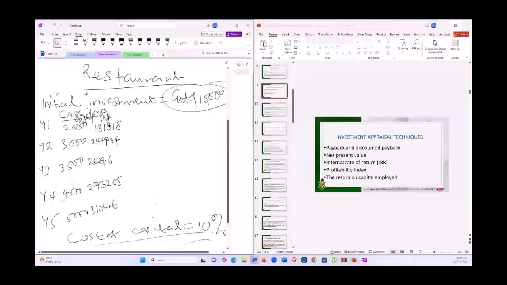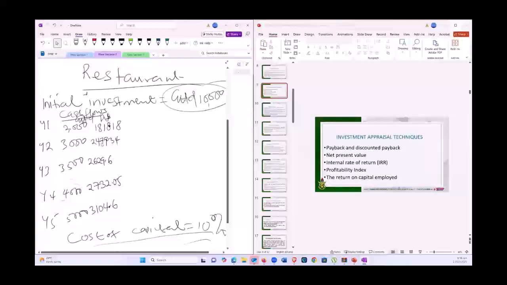Now, who has been able to get a discounted payback period? 4 years, 2 months. Okay, let me continue.